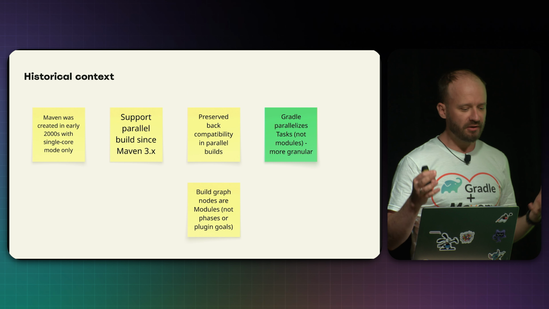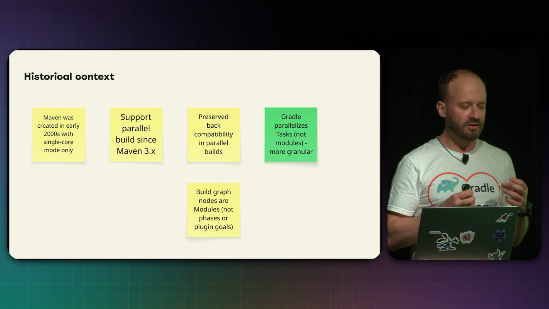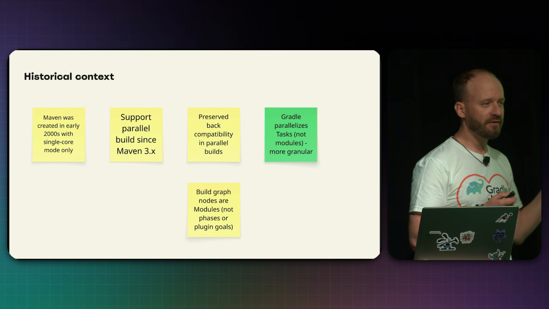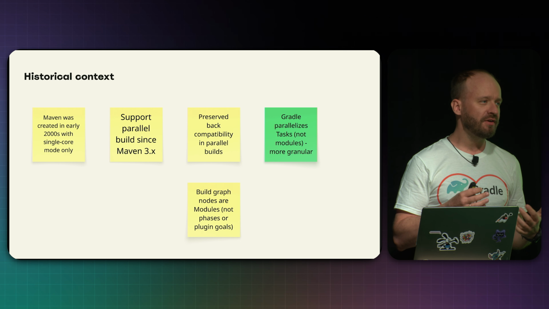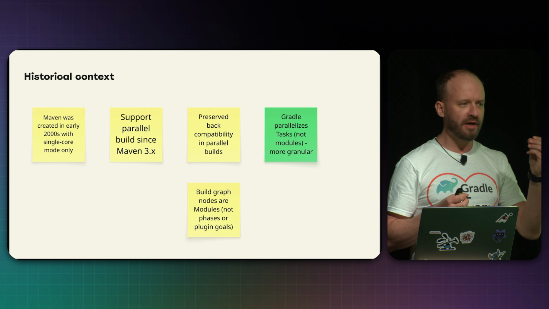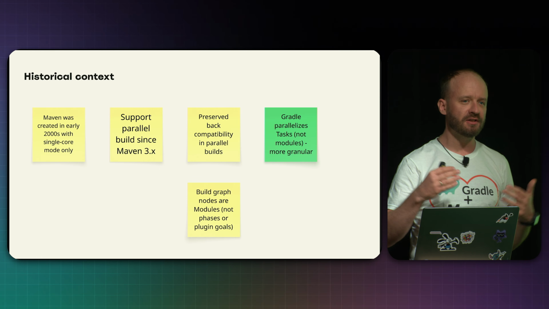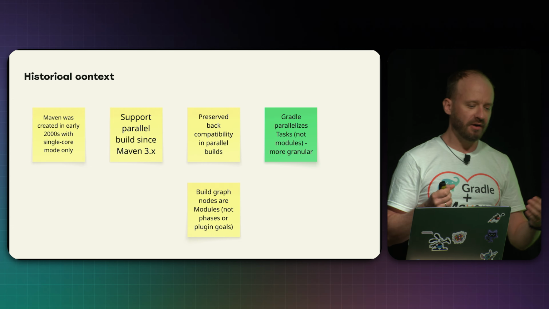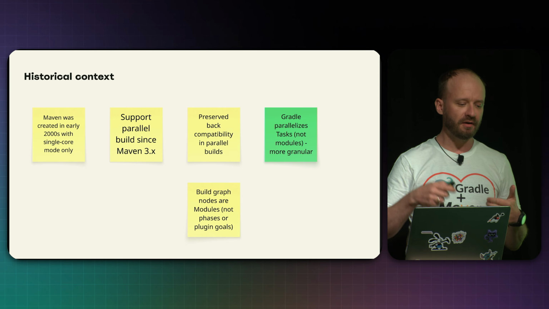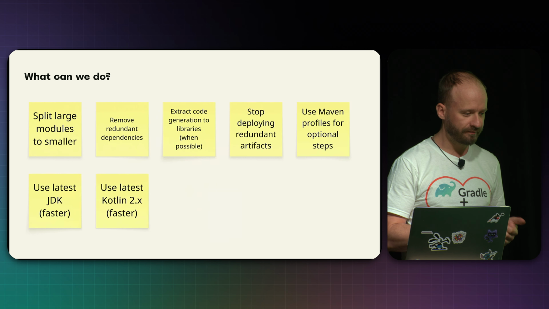This is why the build graph that is executed during the build is using modules as nodes of this build graph, not the phases or plugin goals. So if we compare this, for example, with Gradle, its build is way more granular, because in Gradle, tasks depend on each other and it utilizes multi-core CPUs much better. But Gradle was introduced significantly later than Maven, and the authors of Gradle were aware that multi-core systems are a standard at this moment.